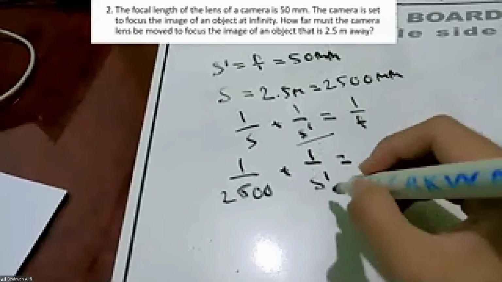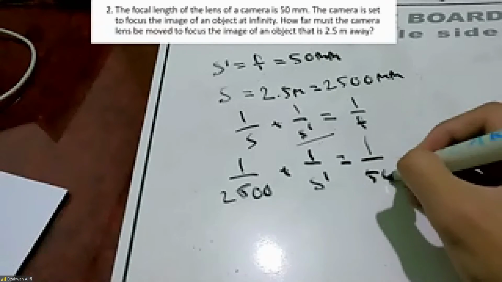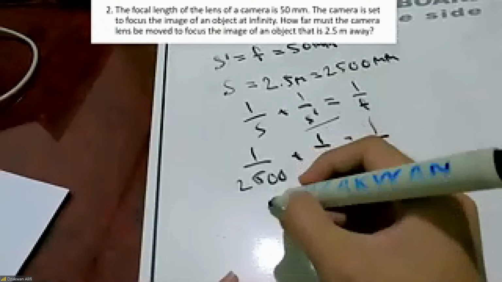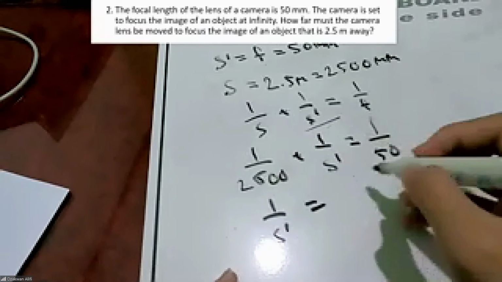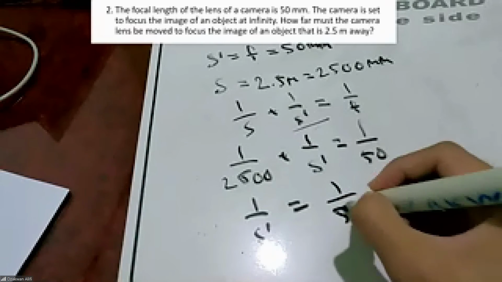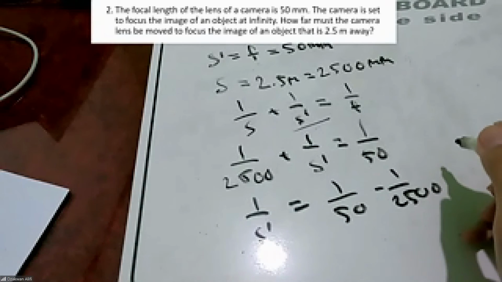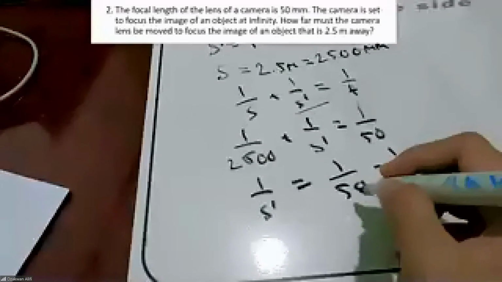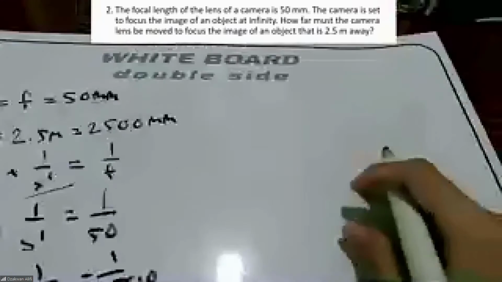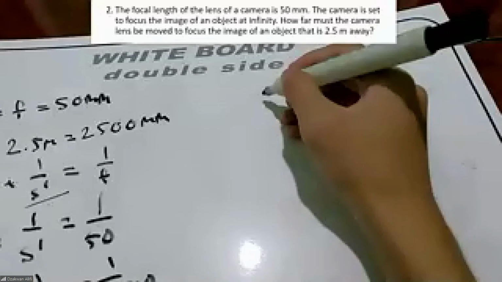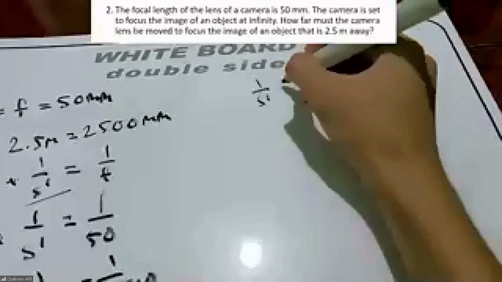So 1 per s accent is equal to 1 per 50 minus 1 per 2500, because I move this to the right and it becomes minus. I'm going to write it again.